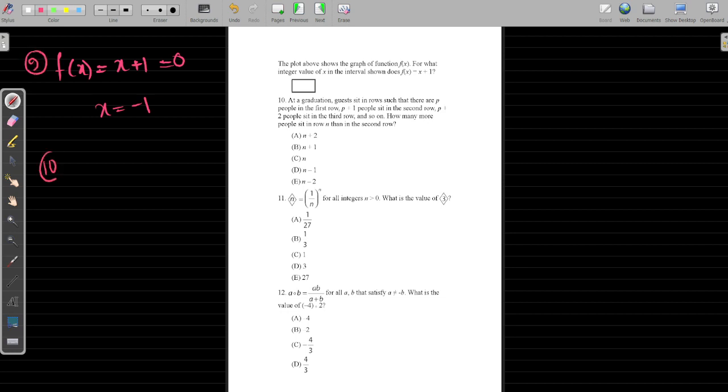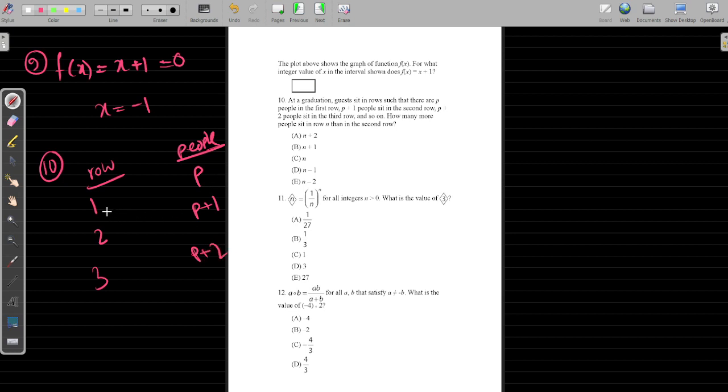Now this one is 9. Now going to solve 10. At a graduation, guests sit in rows such that there are p people in the first row and p plus 1 in the second row. So rows here and people here, right? In the first row people is p, in the second row people is p plus 1, and in the third row p plus 2, right?